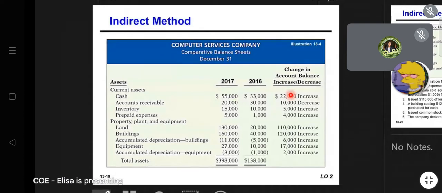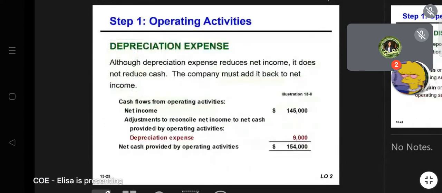In the operating activities, investing activities, and financing activities we reported, we were able to give details of what contributed to the increase of 22,000. So basically, the cash flow statement gives us the details of what transpired when it increased from 33 to 55. The breakdown of the 22,000 is what we see in our cash flows.